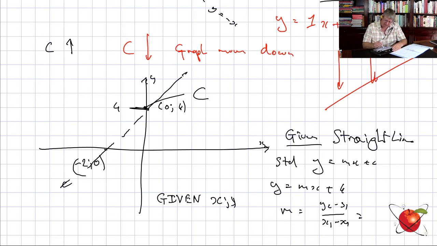At this point, you take your pencil and call these x1, y1, x2, y2, and it makes no difference which way around you do it. So y2 - y1 is 4 - 0, and x2 - x1 is 0 - (-2), which is 2. Therefore, the line here is y = 2x + 4.